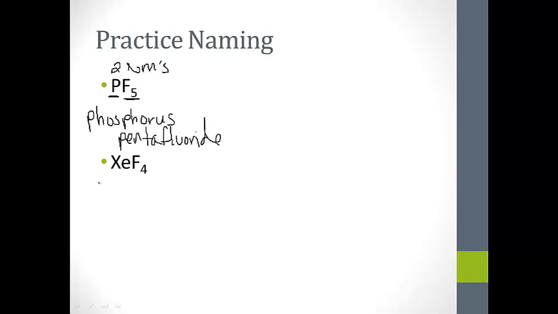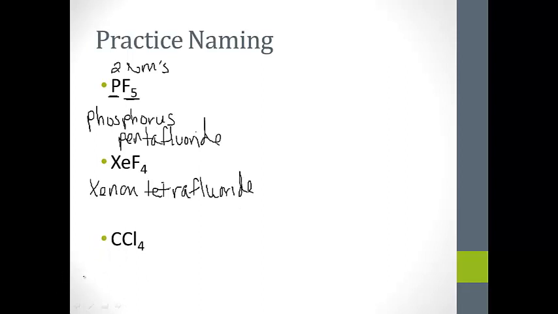Okay, again, 2 non-metals, so that's why we use our prefixes. Okay, the next one we've got is xenon. There's still only one in the first atom, so we do not need a prefix. We've got 4 fluorines this time, so it's going to be tetra, tetrafluoride.